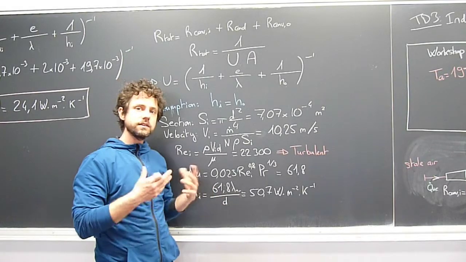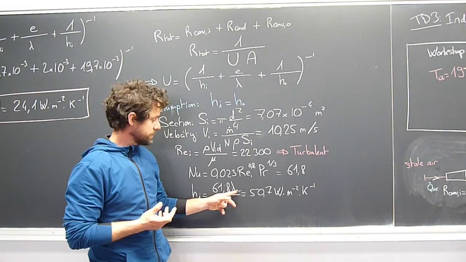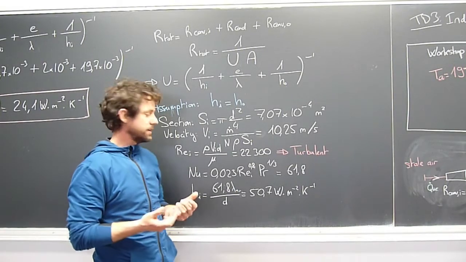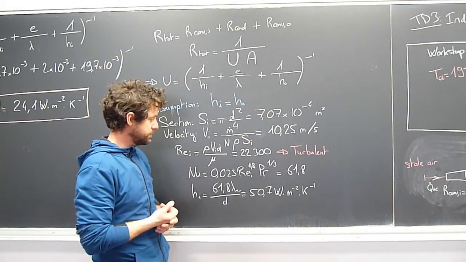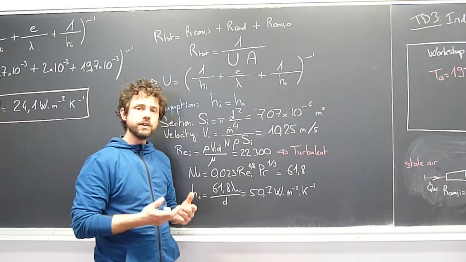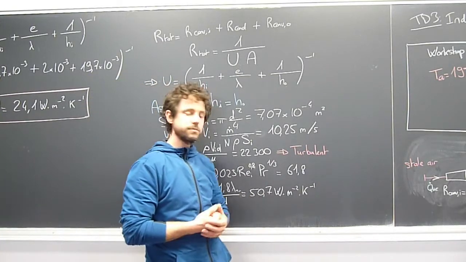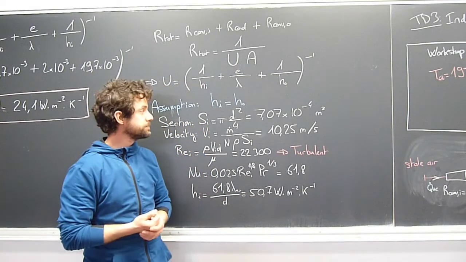Here it's the conductivity of the air that needs to be taken into account. And here again we have the hydraulic diameter, that is the pipe diameter. We find an inner convective heat transfer coefficient of 50.7 watts per square meter Kelvin.